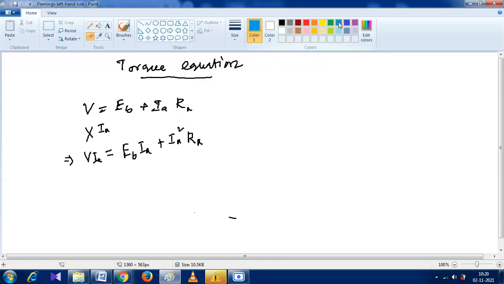Now tell me, if we multiply voltage into current, what is this quantity? Power. And what is V actually?